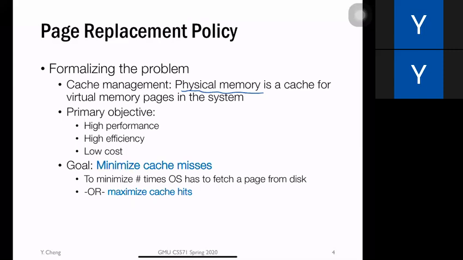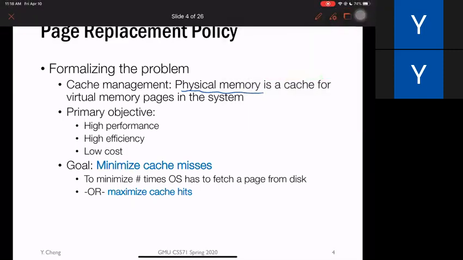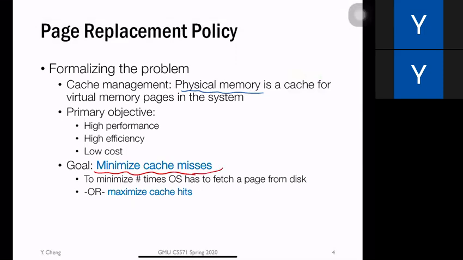So some common goal whenever we're talking about page replacement policy or caching policies is to minimize the cache miss rate, or maximize the cache hit rate, right?